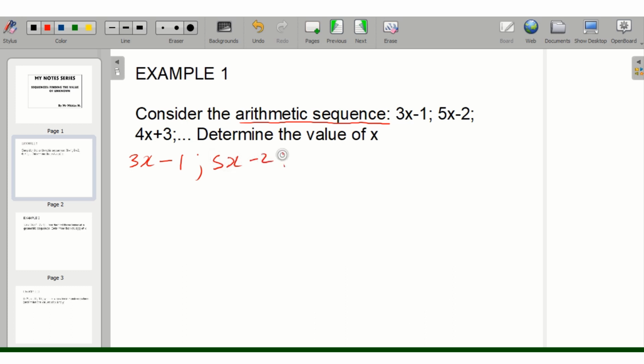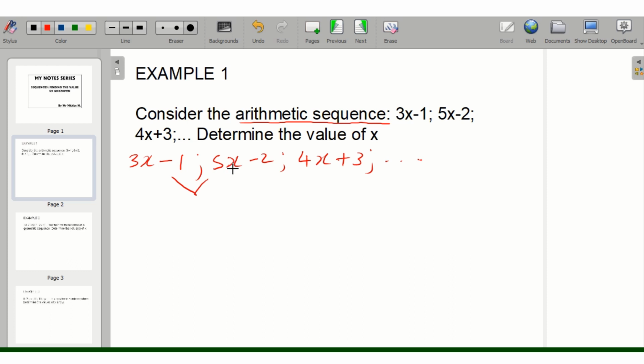So I'm just writing down our sequence. So we know that an arithmetic sequence should have a first common difference. So what we are going to do is find the first difference.